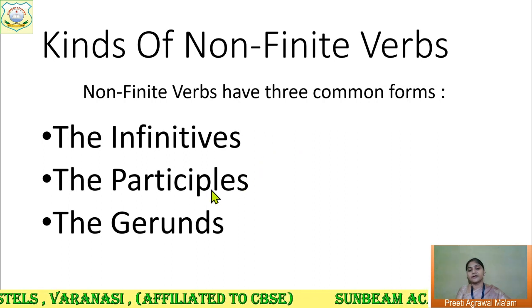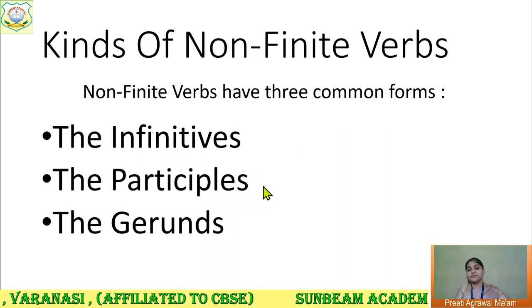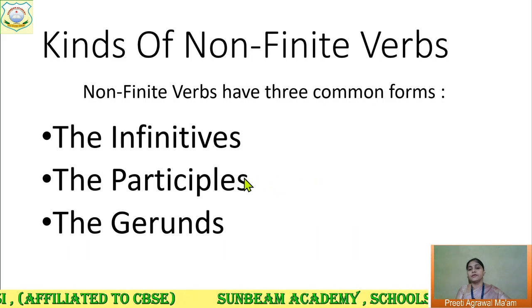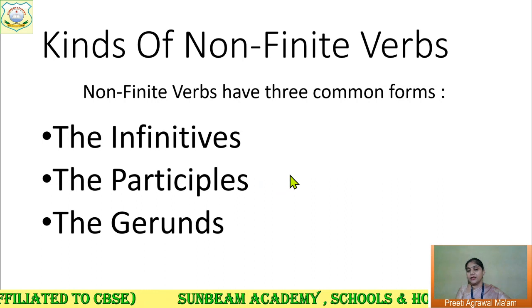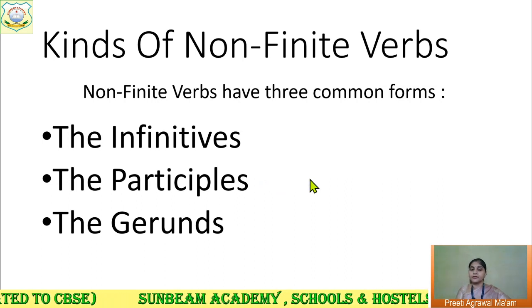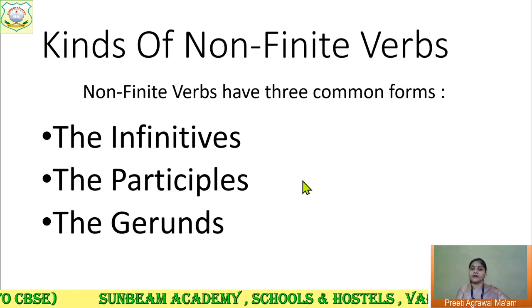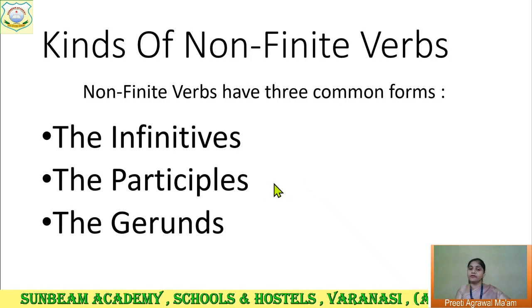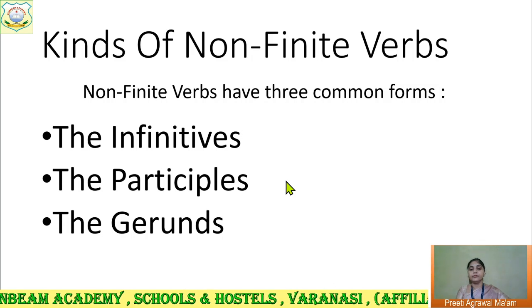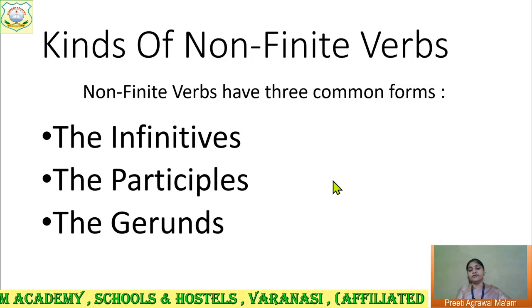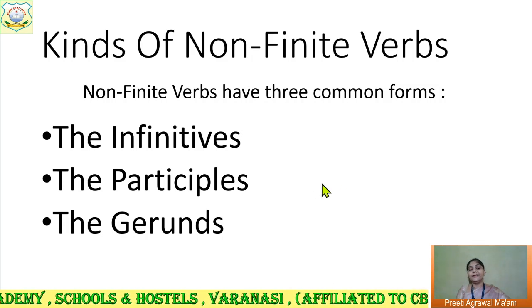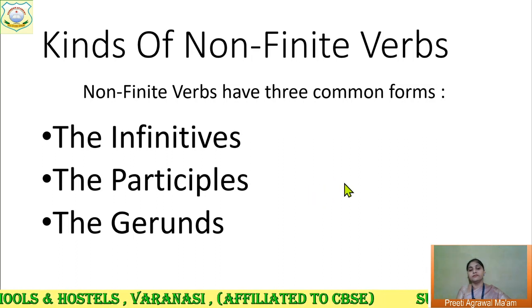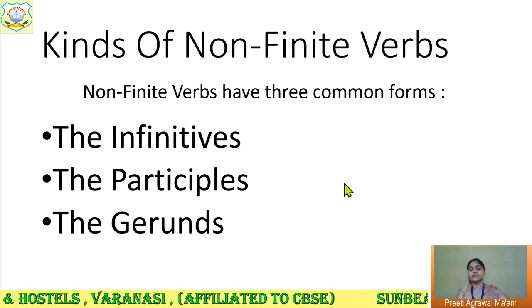The participles may be of three kinds. There may be the present participle, the past participle, and the perfect participle also. In the present participle, we use the verb with ing. In the past participle, we use the main verb with ed, en, or n or d at the end.